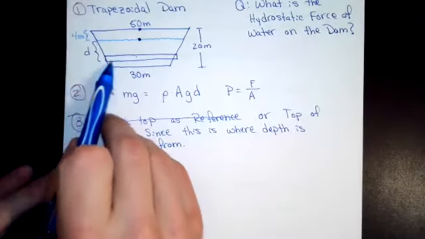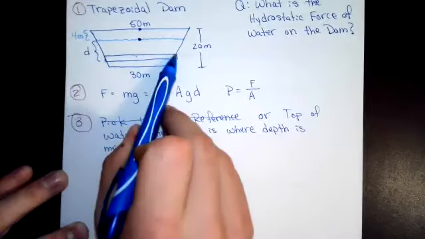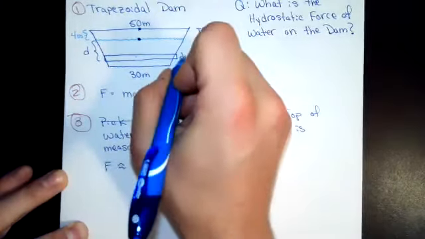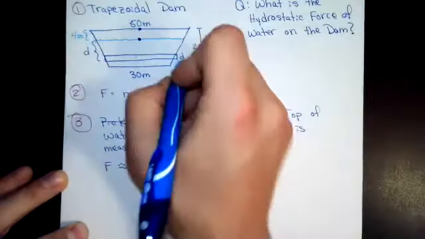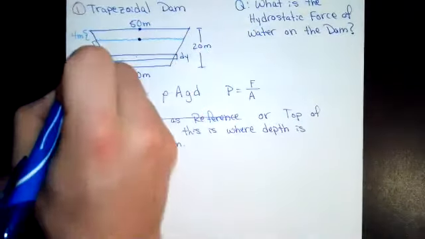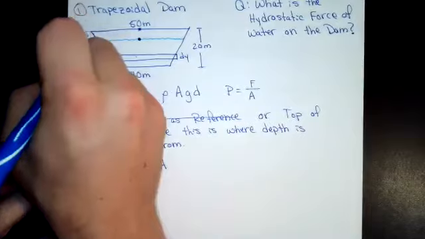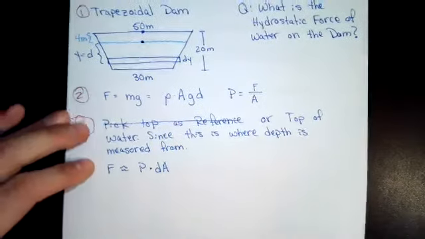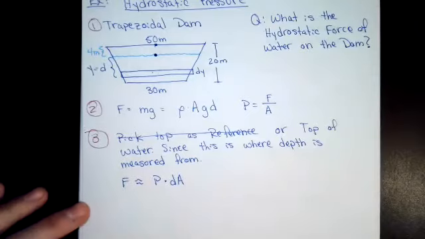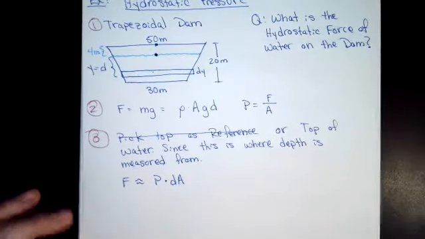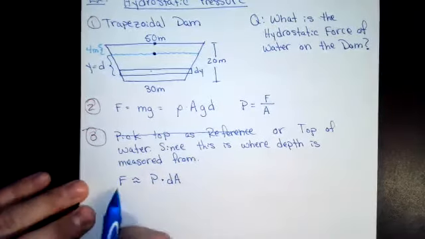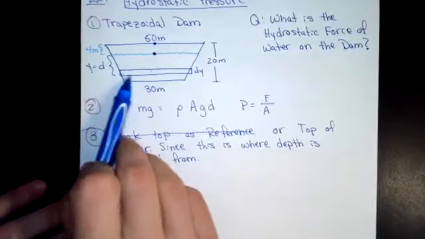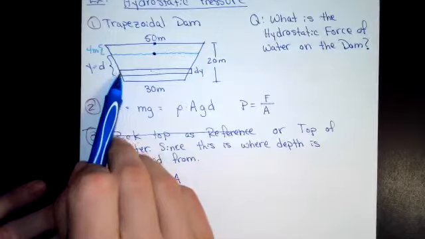And if I am slicing things up, the pressure is essentially constant for every infinitesimal piece of area we choose. Let's call this a dy again, and that is our depth. Let's give it the variable y, just so I'm not writing dd or anything like that. This force we can also consider as the infinitesimal amount of hydrostatic force on a given slice.